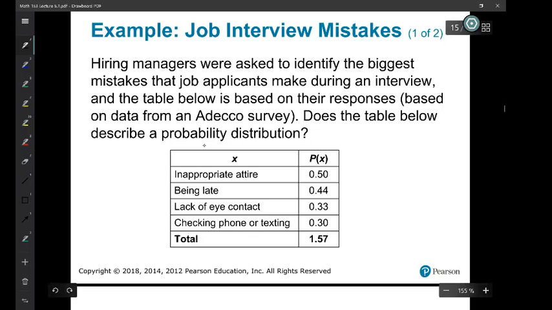And here are the probabilities that a given hiring manager will find these behaviors to be objectionable. But notice the sum of the probabilities is greater than 1. So this is not a probability distribution.